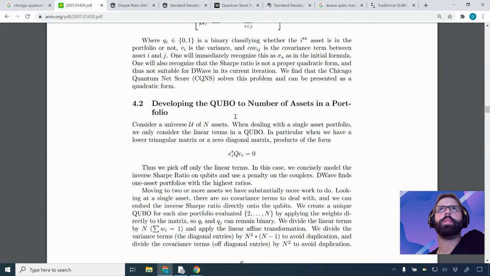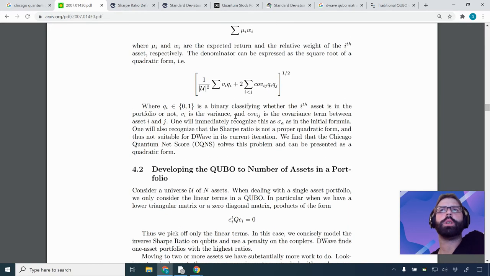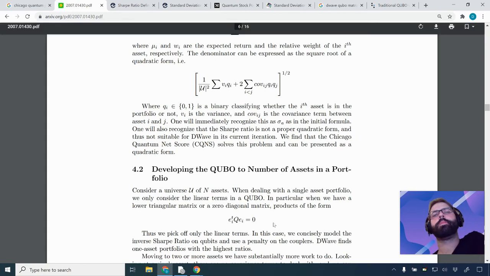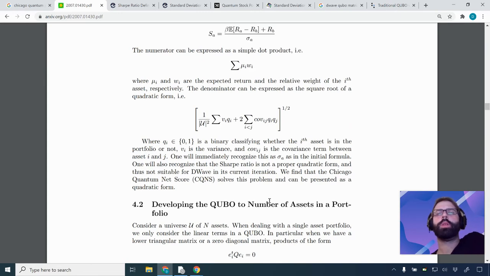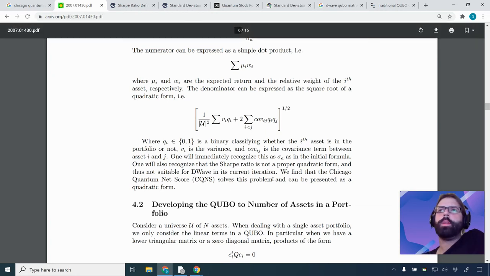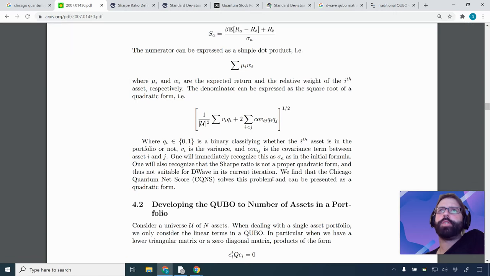I'm not so sure that is entirely fair to do. What are we... So actually, why are we checking the covariance between two assets that we pick?